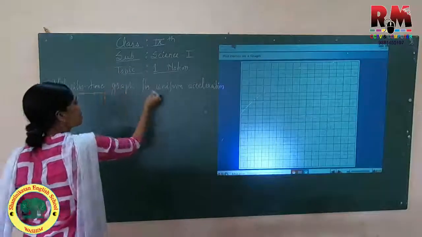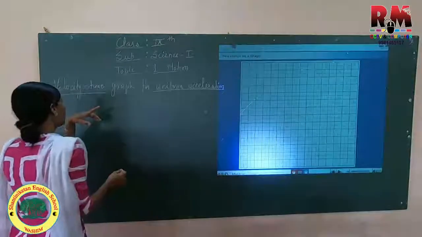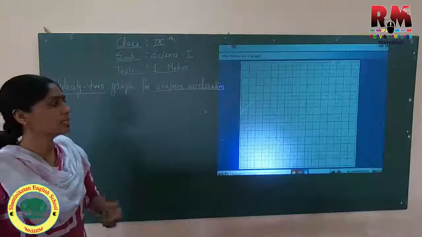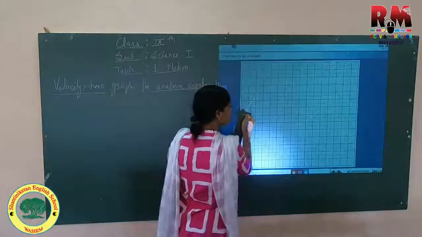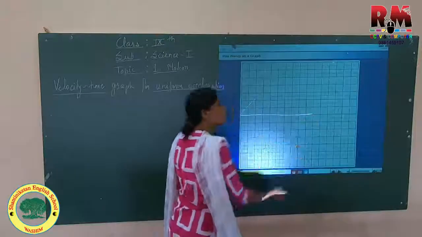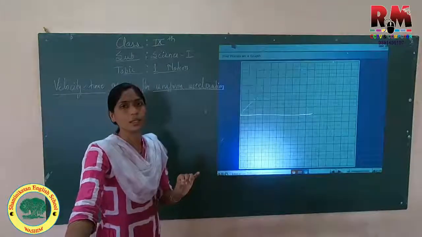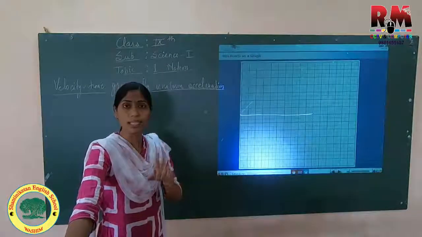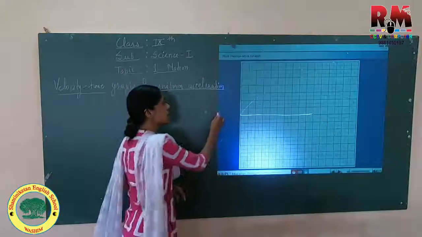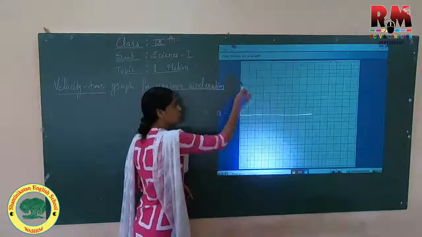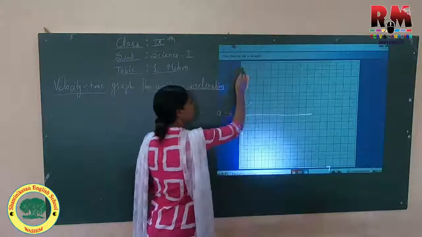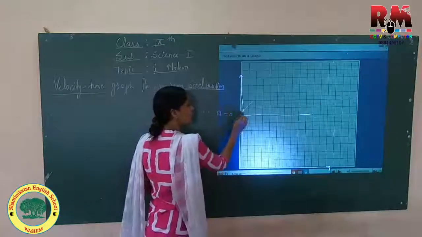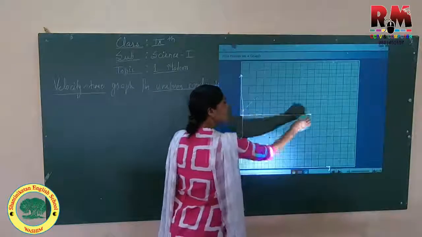Now we are considering, the initial graph was of velocity and time. But you will consider that whenever we are having uniform velocity, acceleration is 0. So the graph we have considered explains that final velocity and initial velocity is the same.